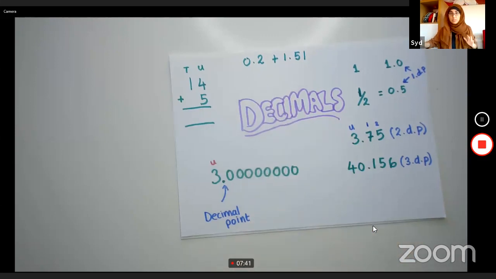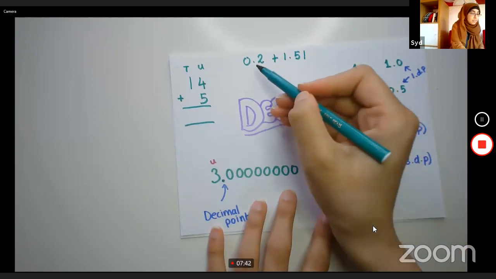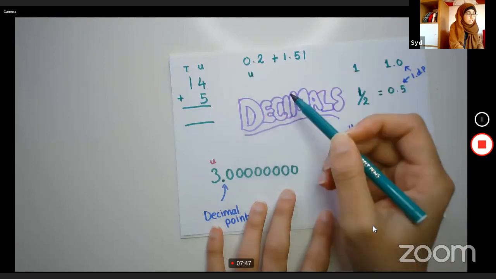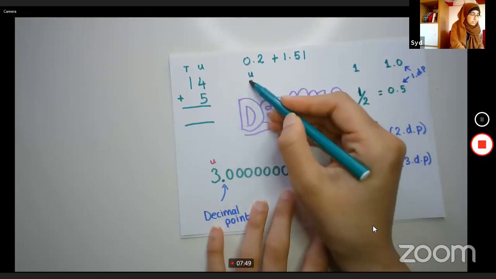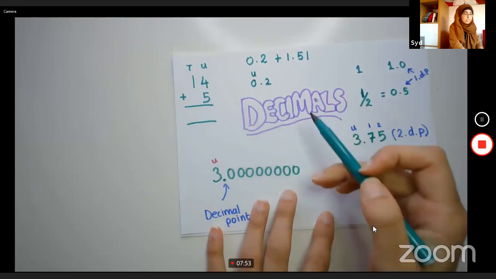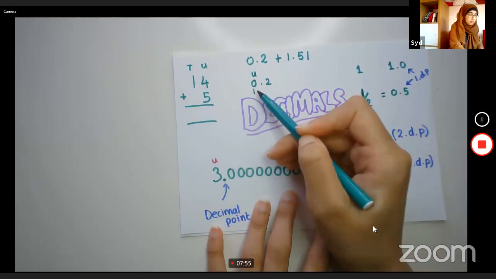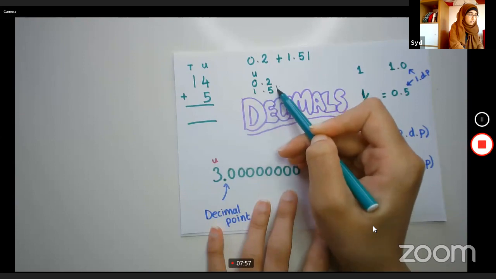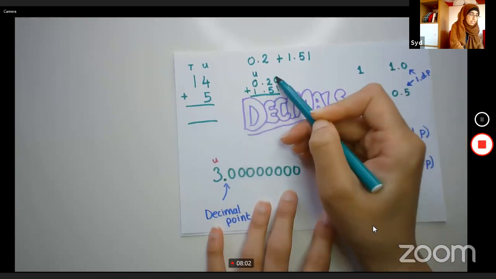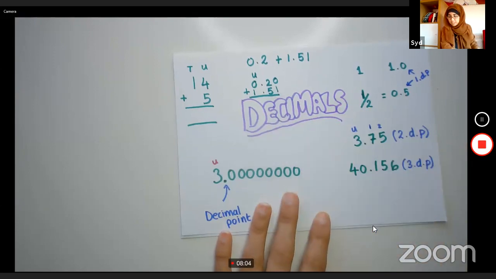Forget about the decimal places, line up the units, okay? So what we're going to do here is we're going to write units. So this 0 is a unit. So we're going to have 0.2, okay? This 1 is a unit, so we're going to line that up. And now I've run out of space. Then you add these up together. You put another 0 in there to make it the same number of decimal places. Brilliant, guys. So you've all said 19.